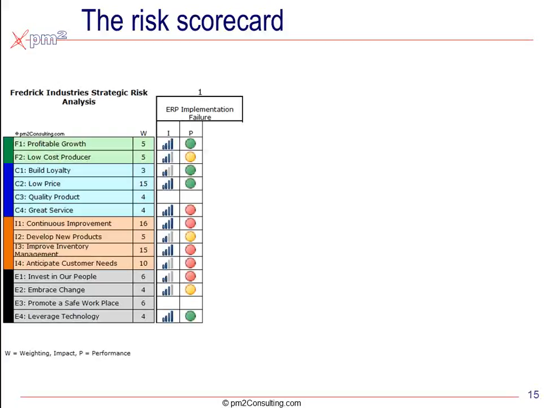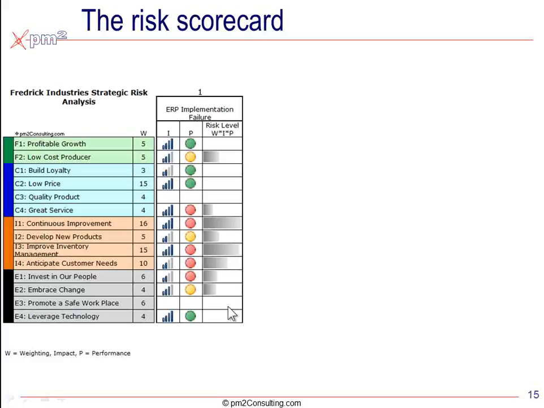In fact, to make it a bit more visual, we can score the performance impact by taking the overall performance times the weighting. So in this case, we both have a red for the impact on great service and continuous improvement, but because great service is weighted at 4, the net impact is less. So now we not only get the performance score, but the strategic performance score.